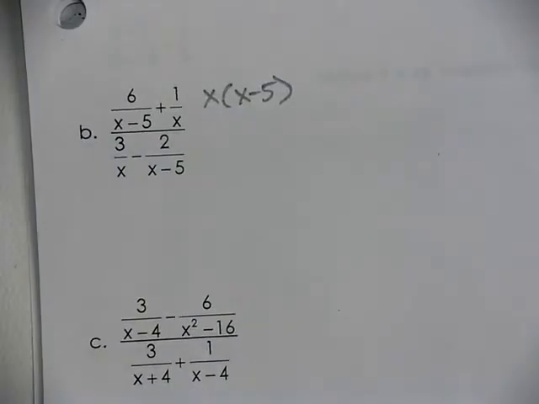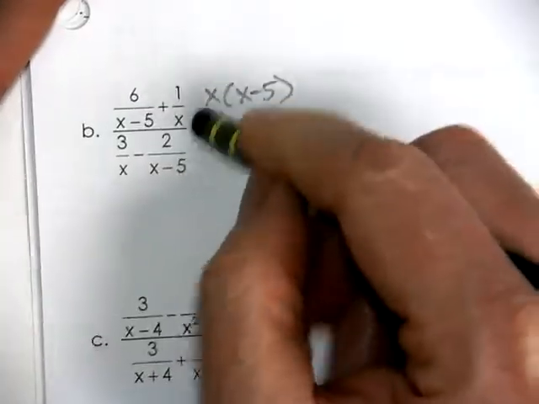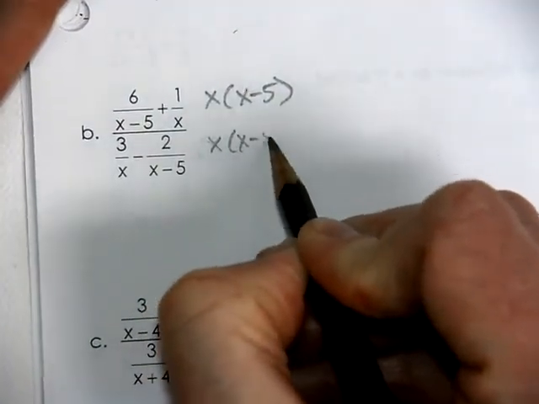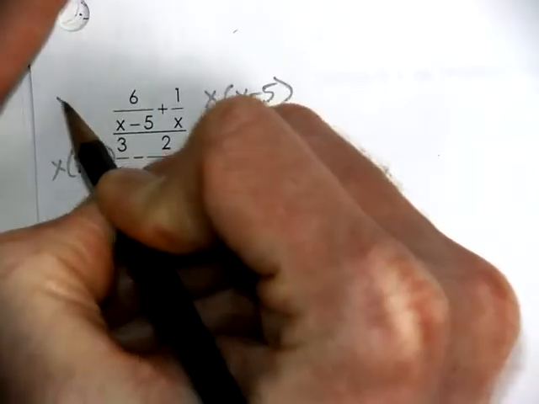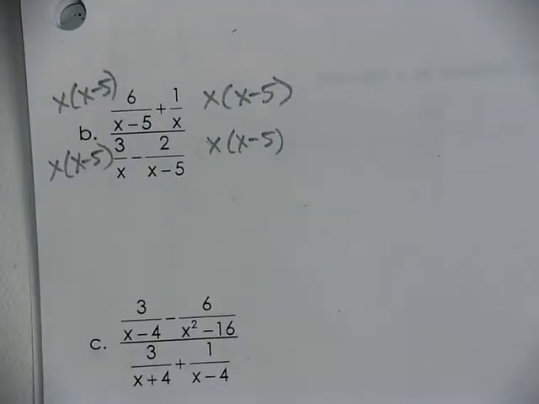Every denominator is either x or it's x minus 5. That's what makes your common denominator. So we're going to take that amount and we're going to multiply it to each of the fractions. In this case, we're going to multiply it 4 different times because we have 4 different fractions.